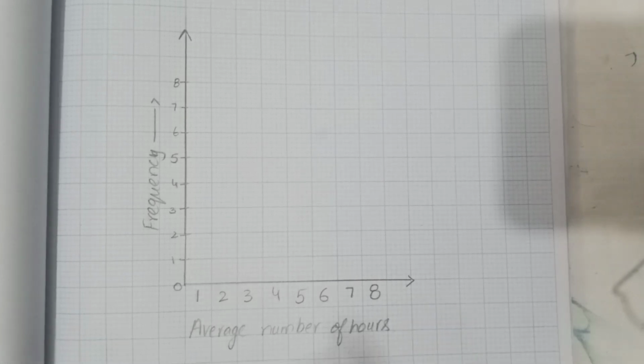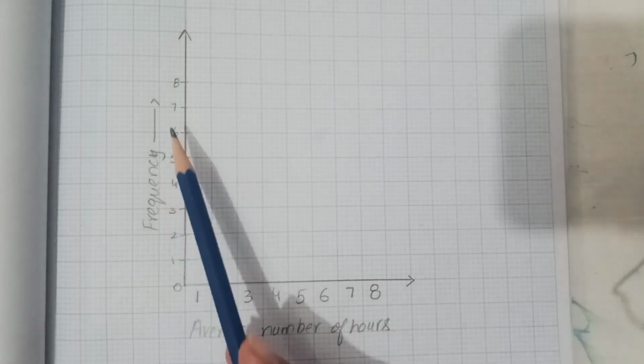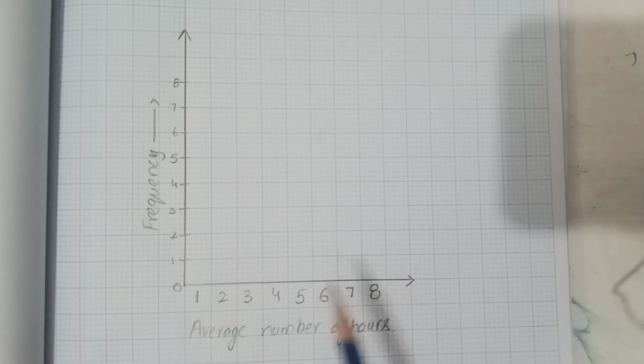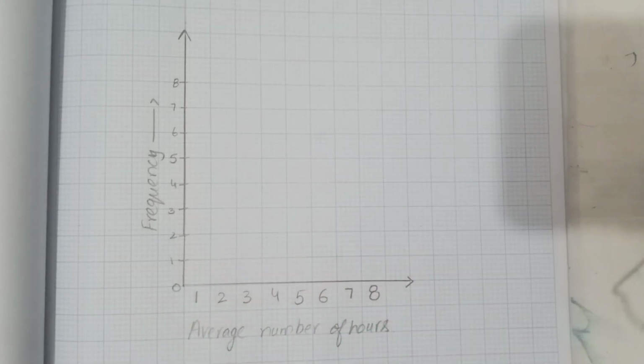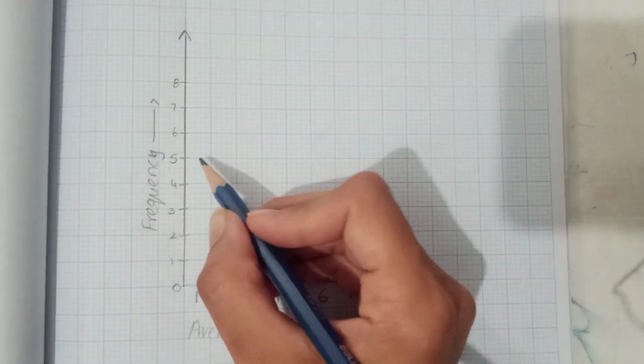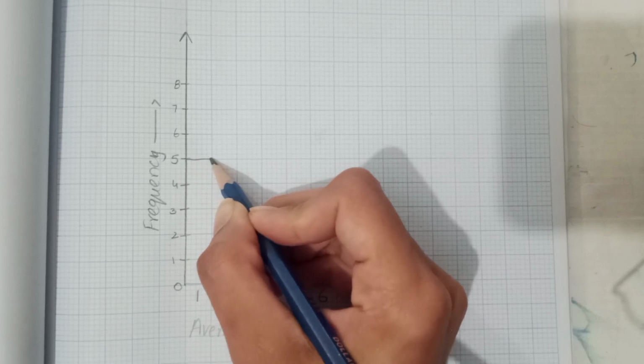Now students, on graph paper, I take the average number of hours along the x-axis and frequency along the y-axis. Now we have to draw the histogram on this graph paper, and we observe the number of hours is 1 and frequency is 5. It means this point.